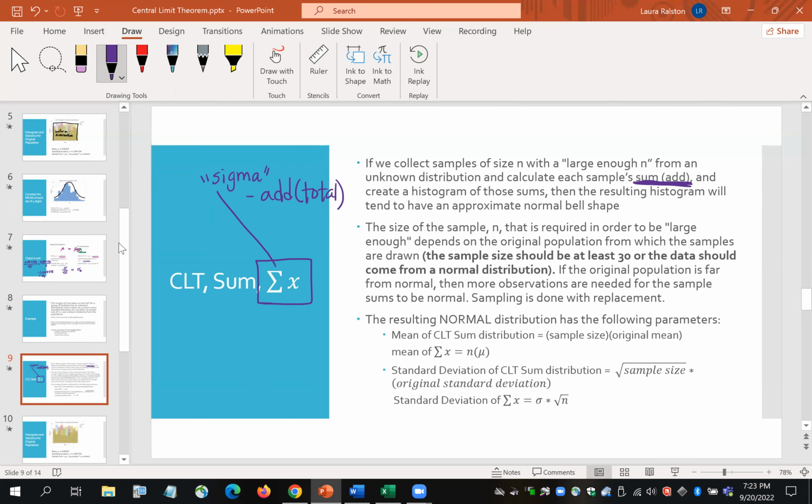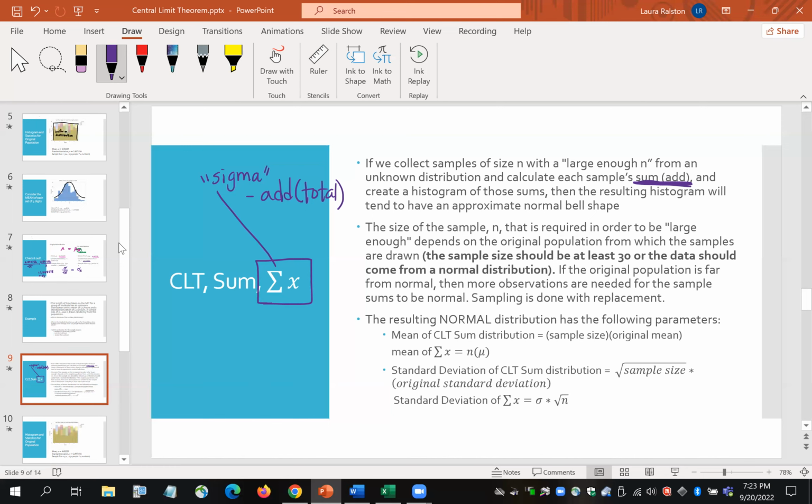Again, what's happening is it's going to take that unknown distribution and force it to become normal. And for the normal distribution, we need two parameters. We need the mean and the standard deviation. And the formulas change slightly. The mean for the central limit theorem sum is equal to the sample size times the original mean.